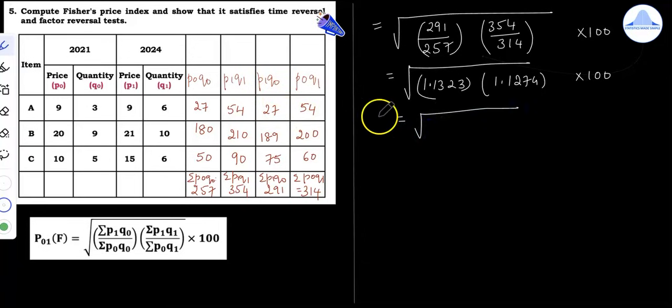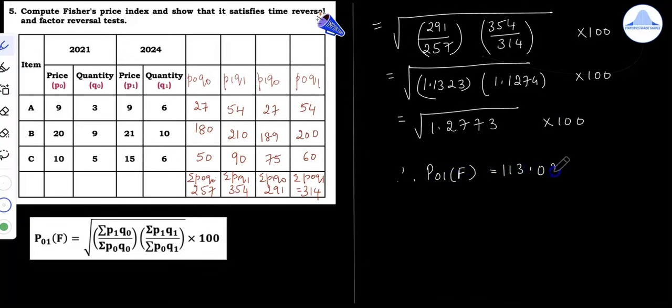So you will get 1.2773 outside the root into 100. Next take the root. So you'll get P01 of F is equal to 113.02. For the final answer, you can just take 2 places after the decimal after rounding off.